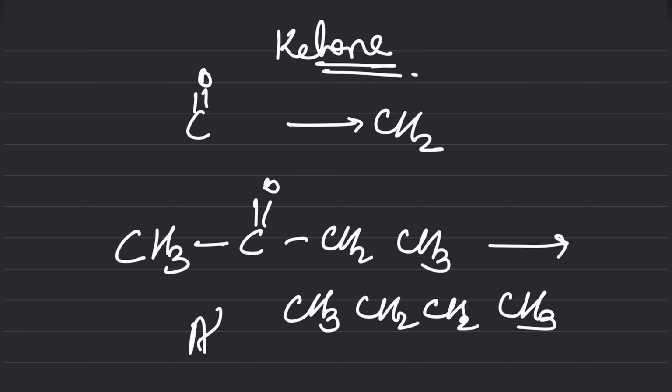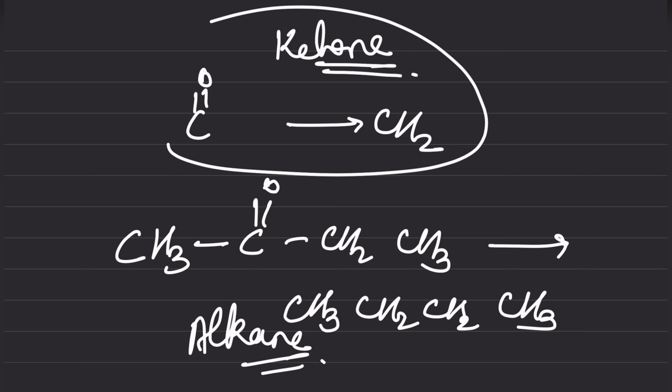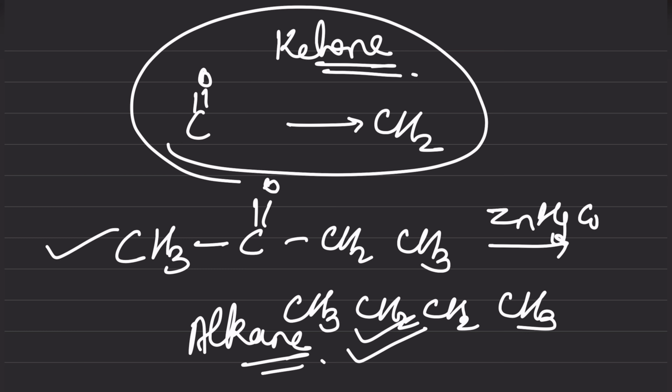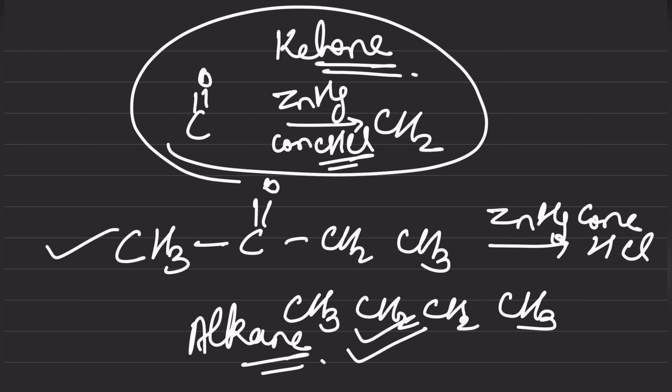It forms an alkane. So if a ketone is there, it will reduce to CH2 with the help of Zn-Hg concentrated HCl. This is the property of Zn-Hg concentrated HCl, that ketone is reduced to CH2.